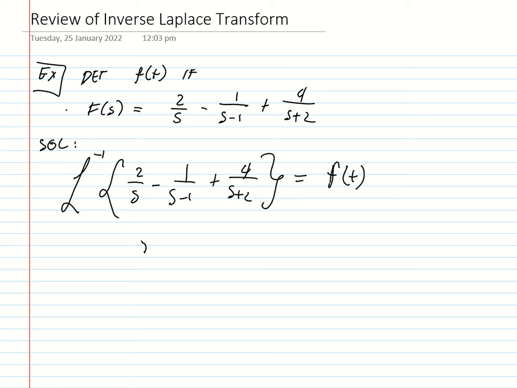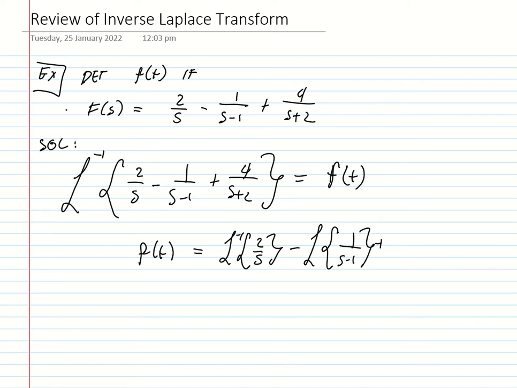So f of t will be equal to the inverse Laplace of 2 over s, minus the inverse Laplace of 1 over s minus 1, plus the inverse Laplace of 4 over s plus 2.